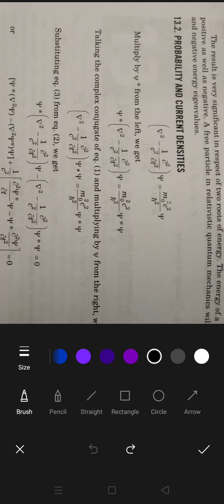This is the Klein-Gordon equation for a free particle. So, what do you know about the probability density? Psi star psi, which tells the probability density.